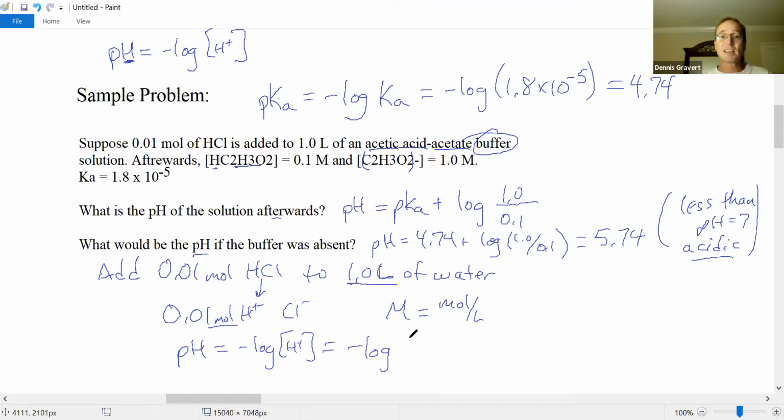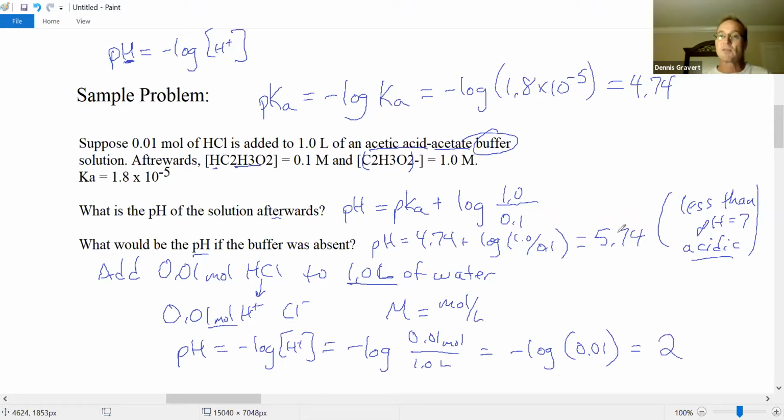So the hydrogen ion concentration is 0.01 moles in a 1 liter solution. Moles per liter, that's molarity. So take the negative log of, well, divide this out. 0.01 divided by 1 is 0.01. And it turns out, put that in your calculator, change the sign, the pH is 2.